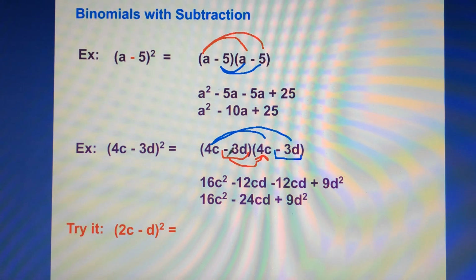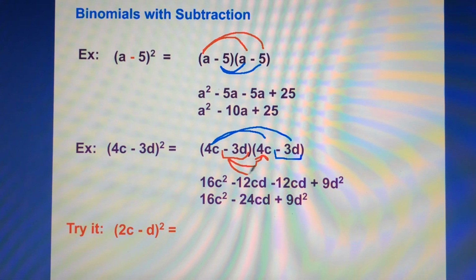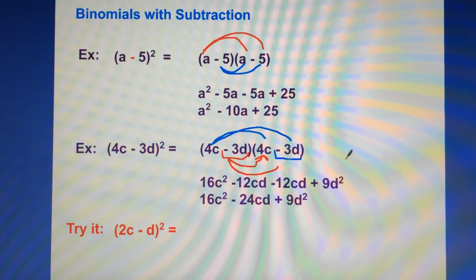Negative 3d times negative 3d. I have 16c squared minus 12cd minus 12cd plus 9d squared. Are you seeing a little pattern with these center numbers?